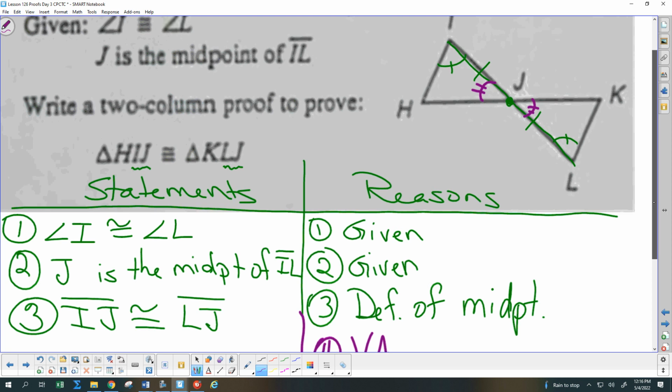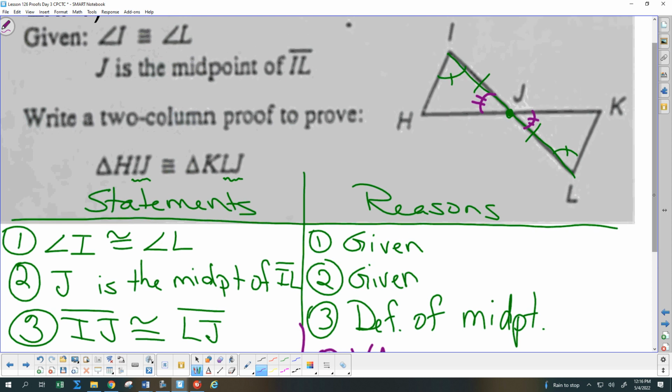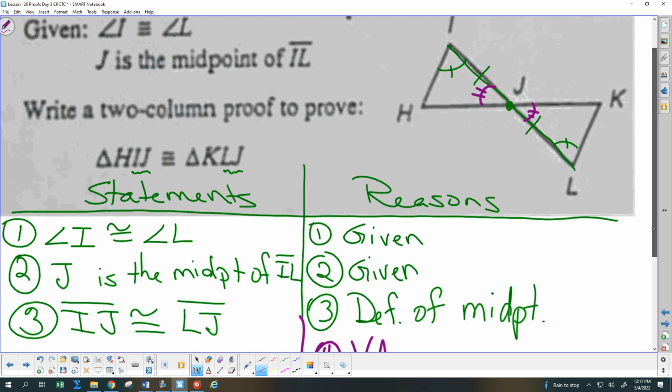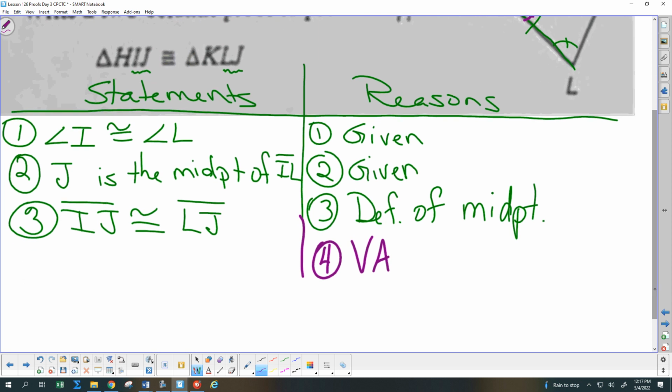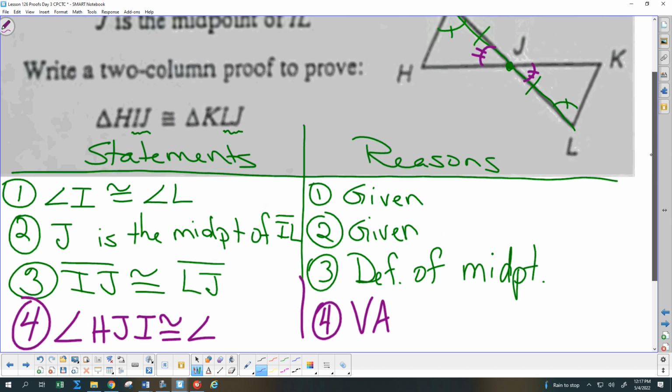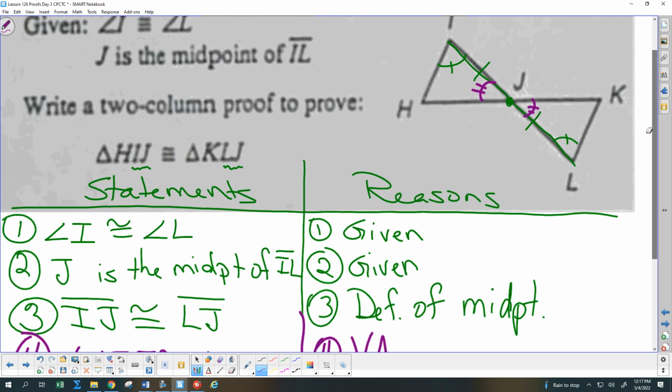No. So on one side, I'll look at the left. I either need to write it down as HJI or IJH. It does not matter for the first one. So I'm going to write angle HJI is congruent to the other side of that vertical angle pair. And then I look at my statement here.